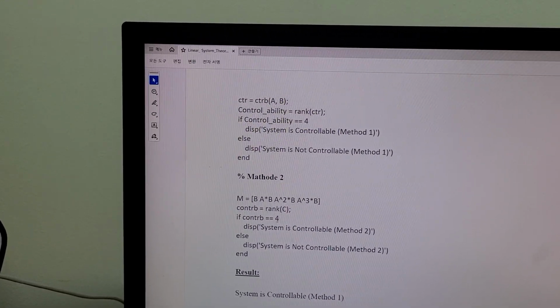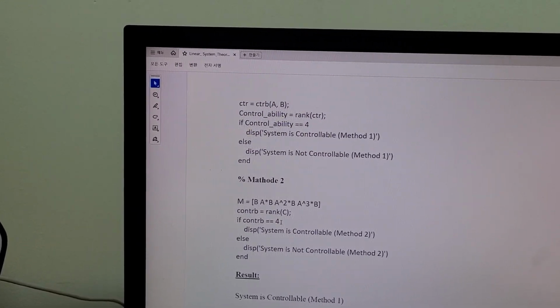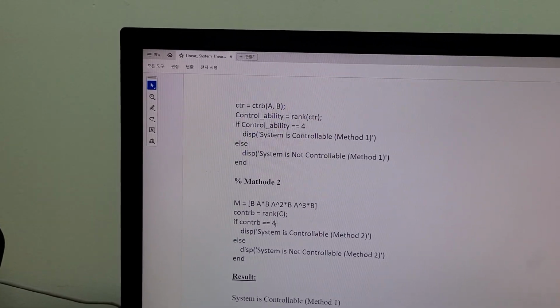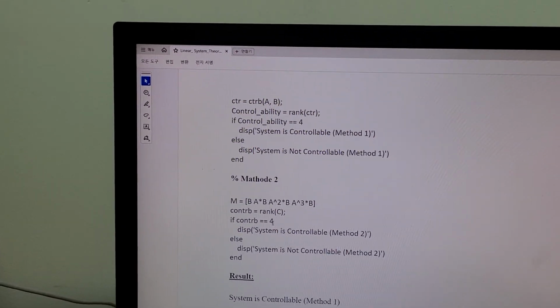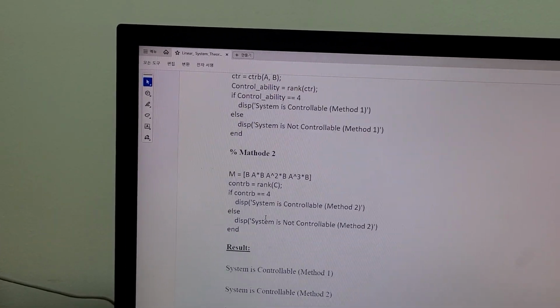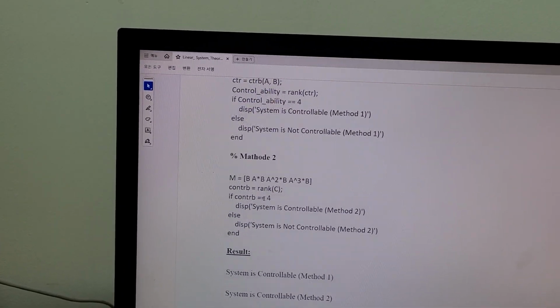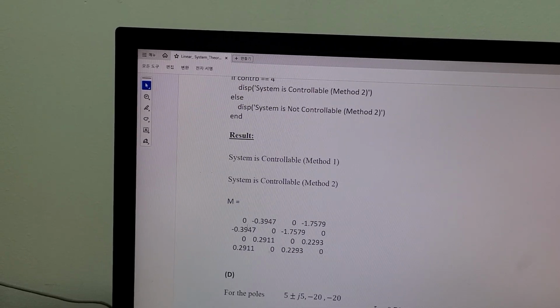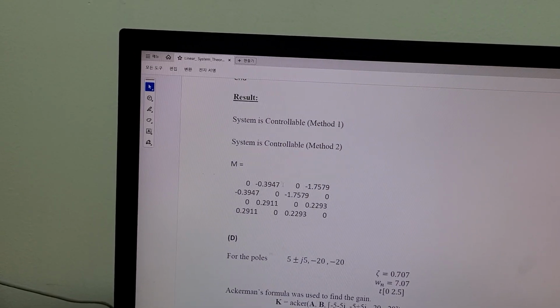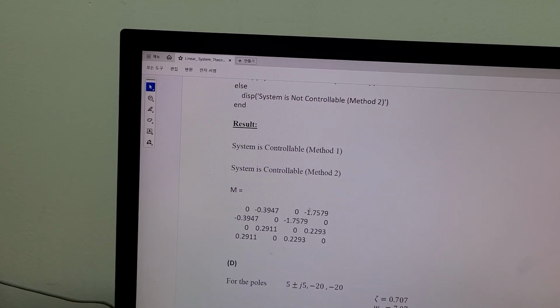It means that if the rank of this matrix is equal to 4, we have 4 linear independent rows or 4 linear independent columns. We have also shown this here. This is a 4 by 4 matrix, so the system is controllable.